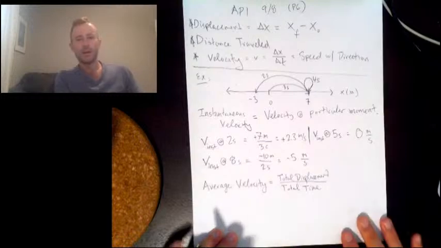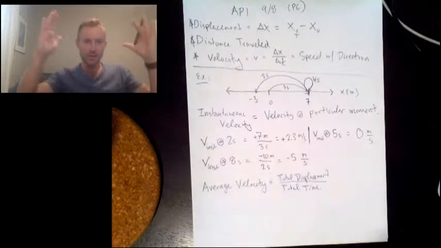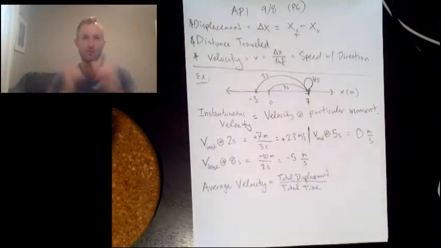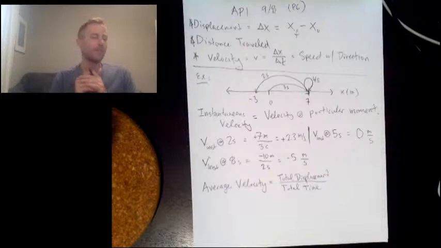So we're looking at the journey as a whole. If you know the total displacement, I want you to type it into the live chat. And while you think about that, I'm going to tell you something about the difference between average velocity and instantaneous velocity.